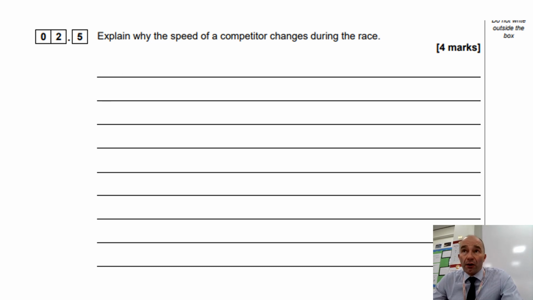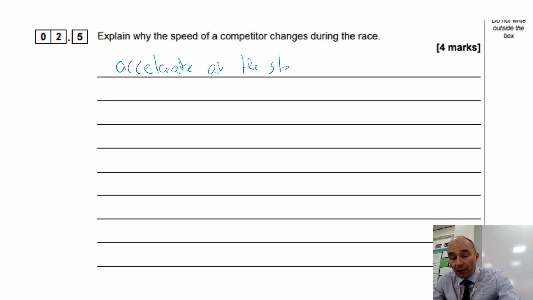Well, at the start, the competitors are stationary, and then of course the gun goes off and they accelerate immediately. So you're going to accelerate, speed up at the start. Well, that means your speed goes up. And this question really is about common sense.